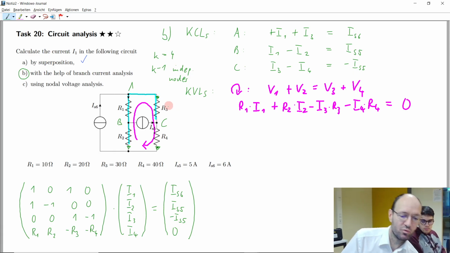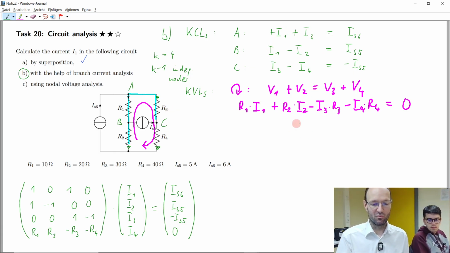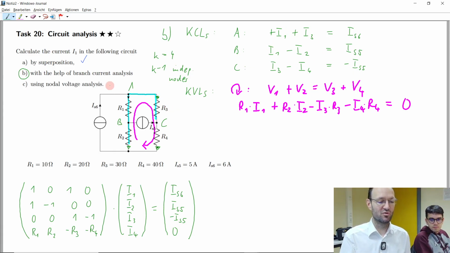And so what we have done now would be, I would not say the most effective way, but an effective way of solving this if we just want to have currents, or just one of these currents, and if we still want to use branch current analysis. And as said, it would not be wrong.